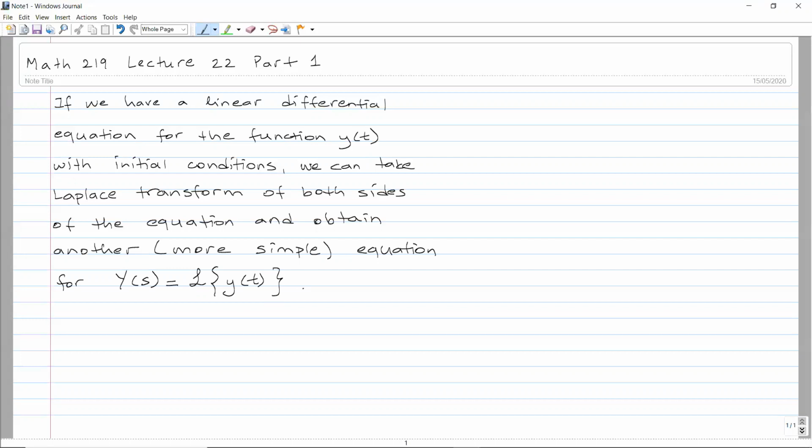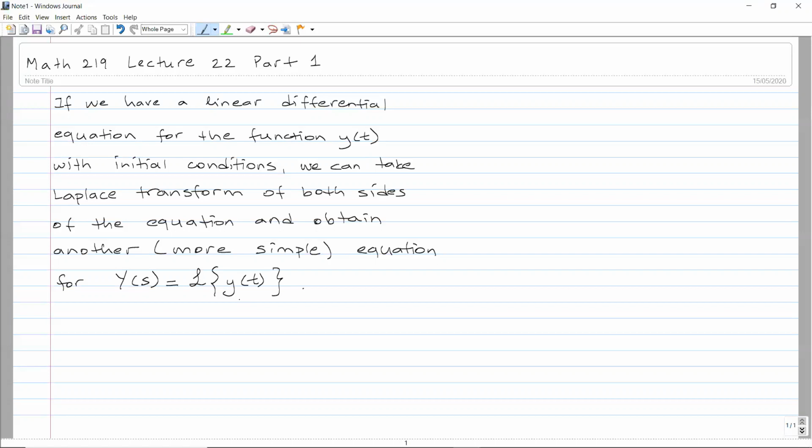So in our equation, first of all, this is going to be kind of standard. We represent the unknown function in our differential equation with the small case letter y, and its Laplace transform we denote with uppercase Y. So the function in our differential equation is a function of the variable t, but its Laplace transform is a function of s.